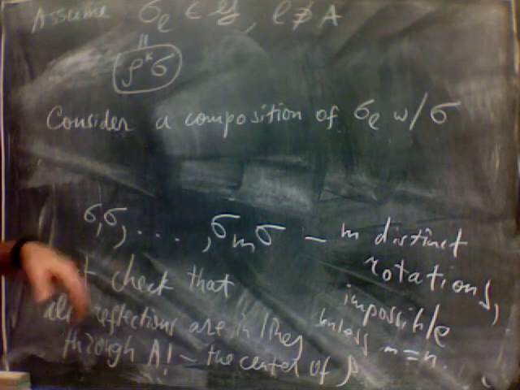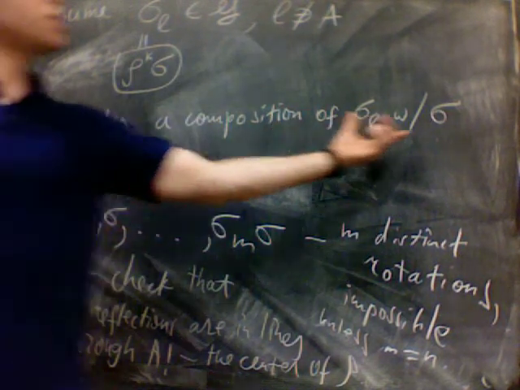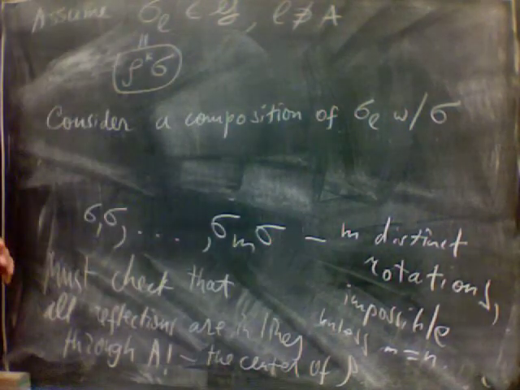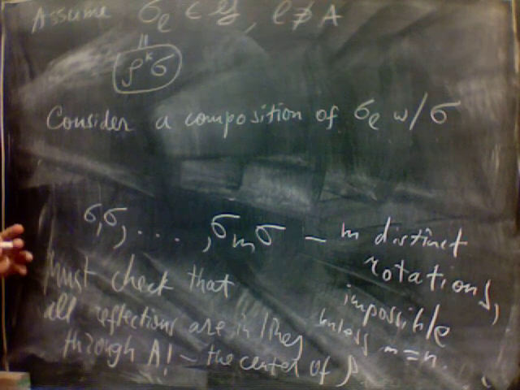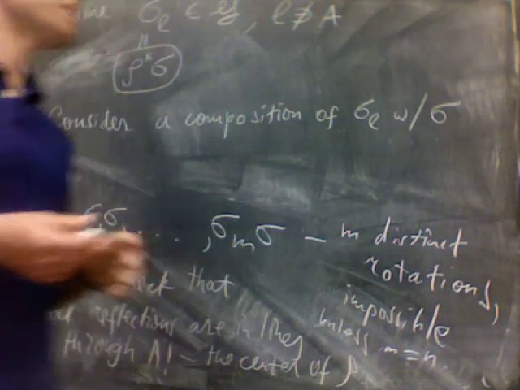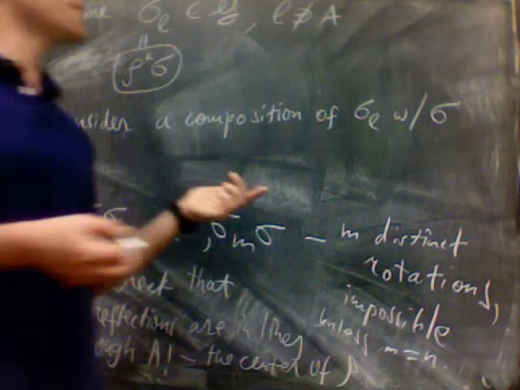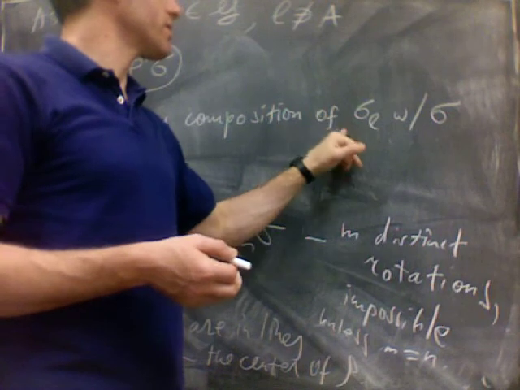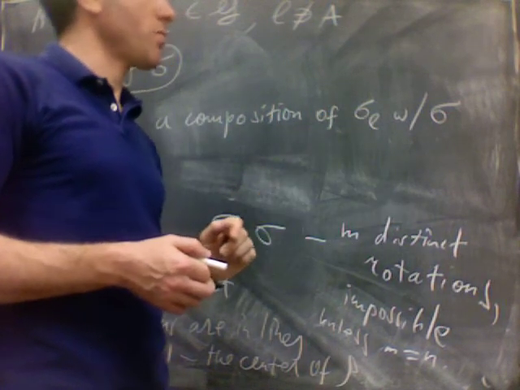If L does not contain A, then this composition in either order will of course be a rotation. We cannot have any translations. It will be an even isometry, so it must be a rotation, but it will be a rotation about the center, which is not A, since A does not belong to L, and the center must belong to L.